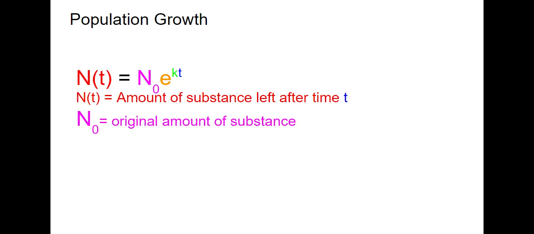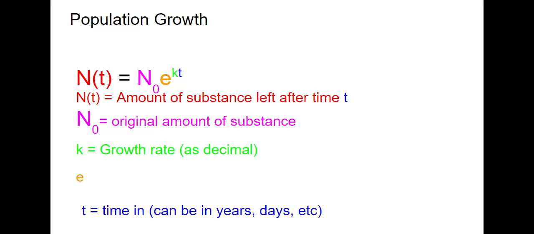N naught is the original amount of your substance. k is going to be your growth rate, and it should be a negative when we have decay. So keep that in mind. Yes, it's called a growth rate, but we're going to use it with the decay, which will make it negative. And then e is that 2.72 that's in your calculator, and then t is time.